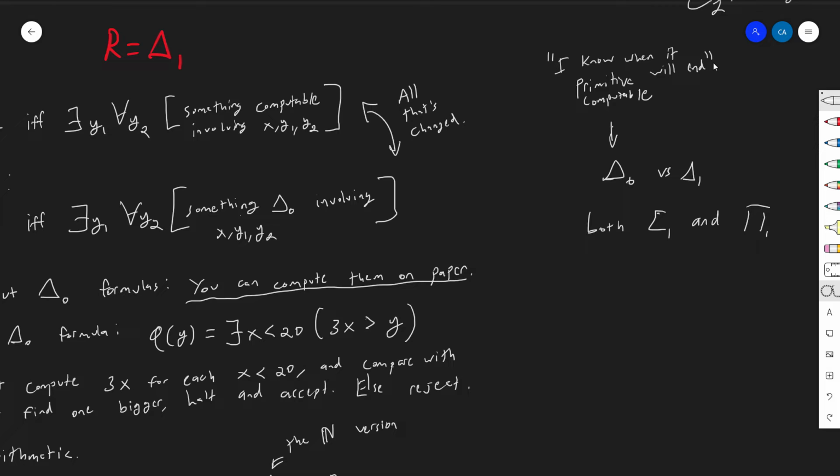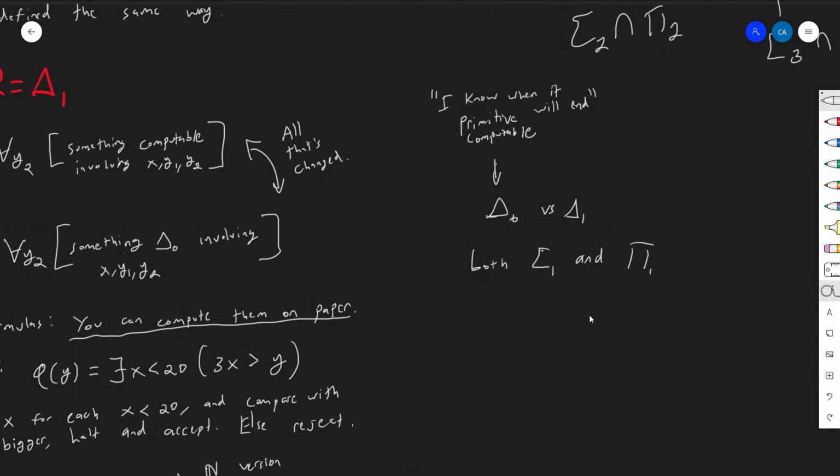That's a stronger version of knowing that it will end. If you have the regular computable, you're basically just saying, I know that it will end. I don't know when necessarily.